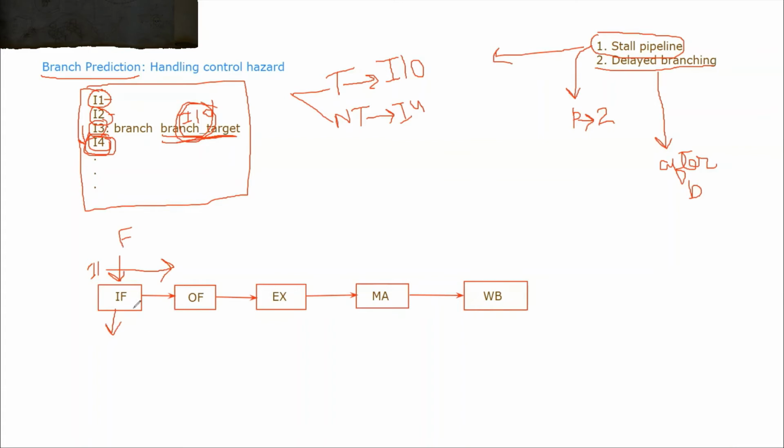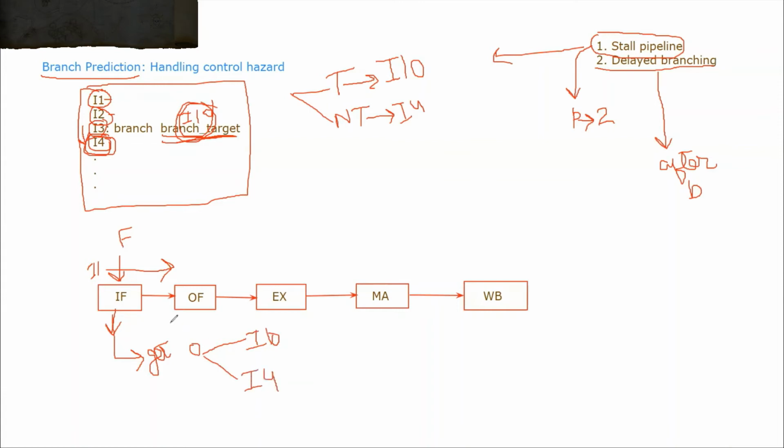So if in the fetch stage itself we are able to get the outcome of a branch, if we are able to know the outcome of the branch, then we will be able to answer whether the next instruction is I10 or I4.